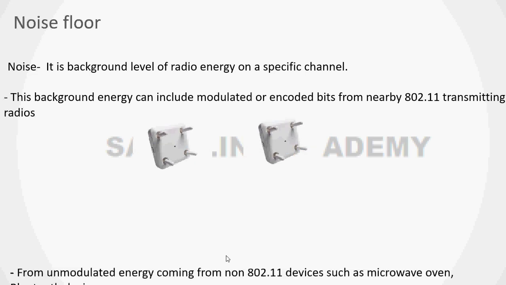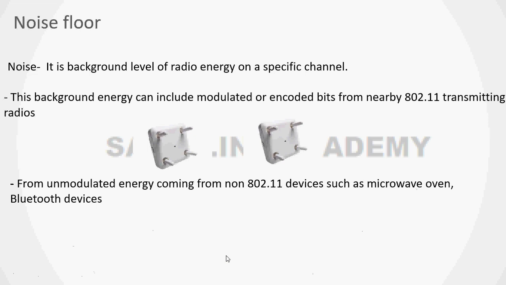So this is an example: two APs which are placed nearby and both are working on the same channel, so they are interfering. And the other one is unmodulated. Unmodulated interference or noise is one which comes from non-802.11 devices such as a microwave oven, because microwave and Bluetooth work at almost the same frequencies at which 802.11 devices work.